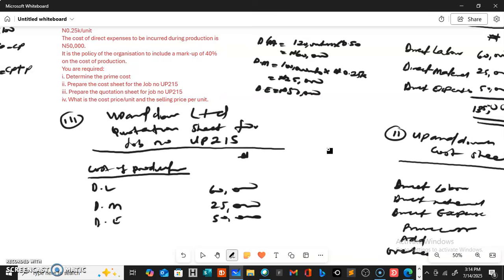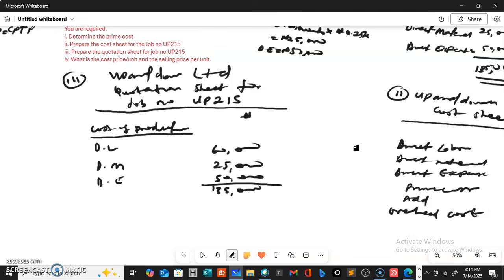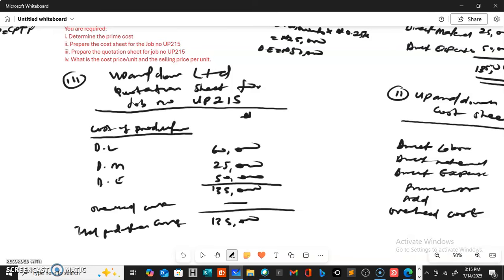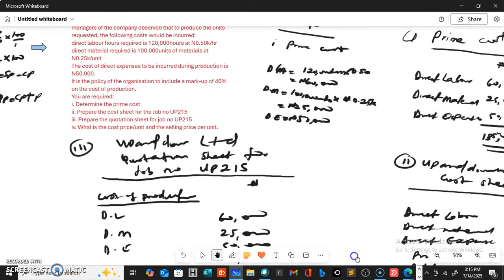That is 135,000. We don't have overhead cost. So total production cost is 135,000 naira. We were told that at a markup of 40%.